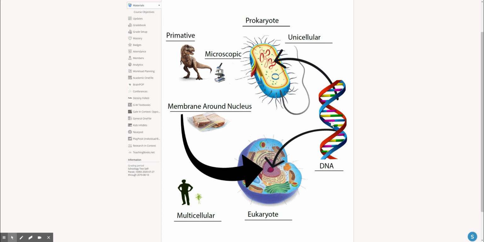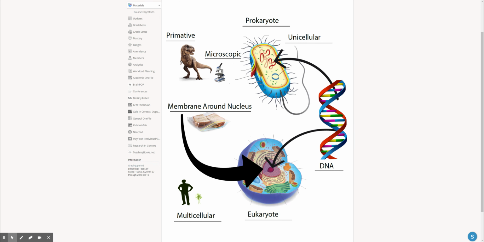This is what governs those types of traits when you reproduce, all caused by your DNA. And so all that genetic information, DNA is known as genetic information, is stored inside the unicellular cell, just openly, just free floating around.